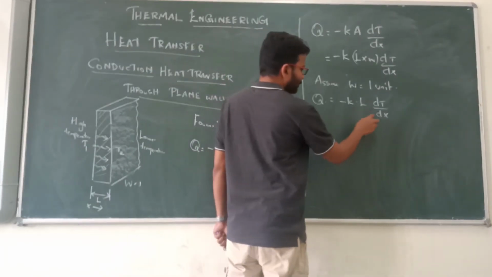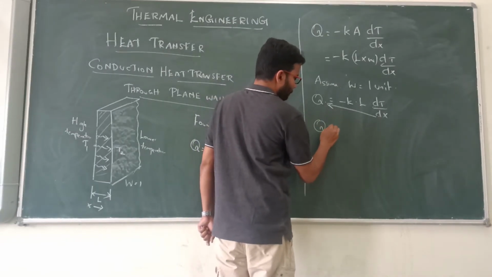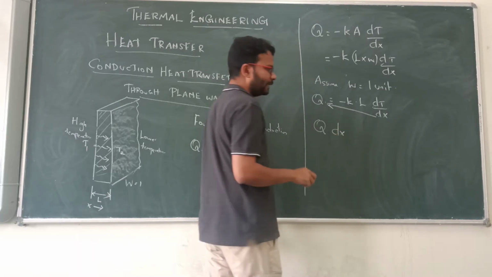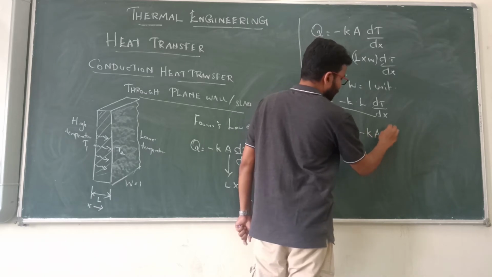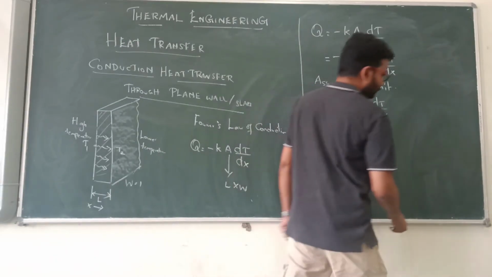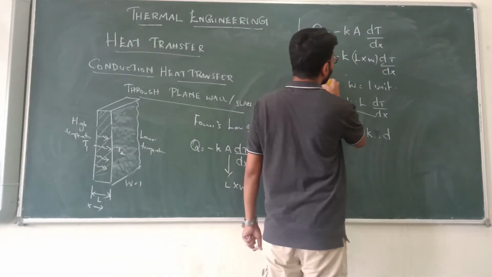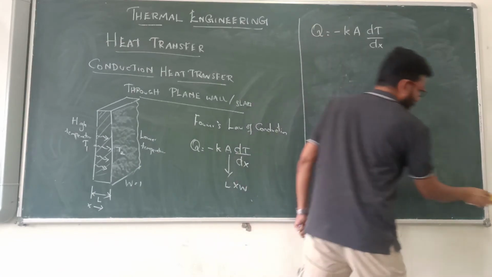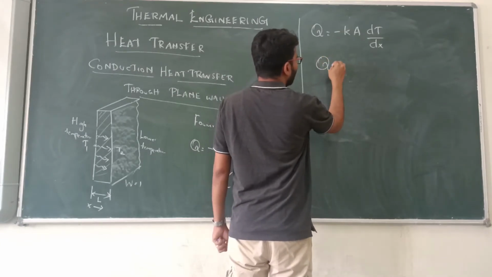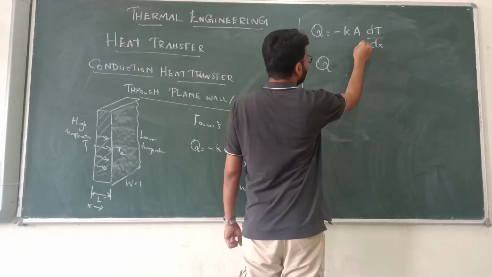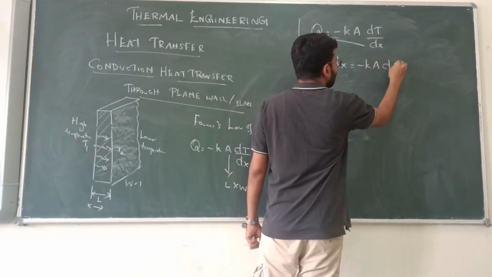Now we bring this dx to this side, so Q into dx is equal to minus KA dT.